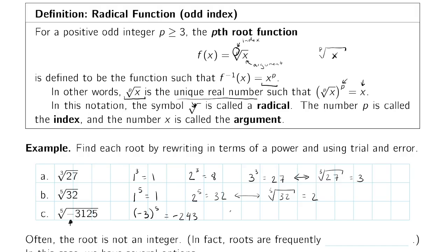Still too small. Negative 4 to the fifth, that's negative 1024. Still too small. Negative 5 to the fifth, oh, there we go. That's negative 3125. Which means the same as to say that the fifth root of negative 3125 is negative 5.